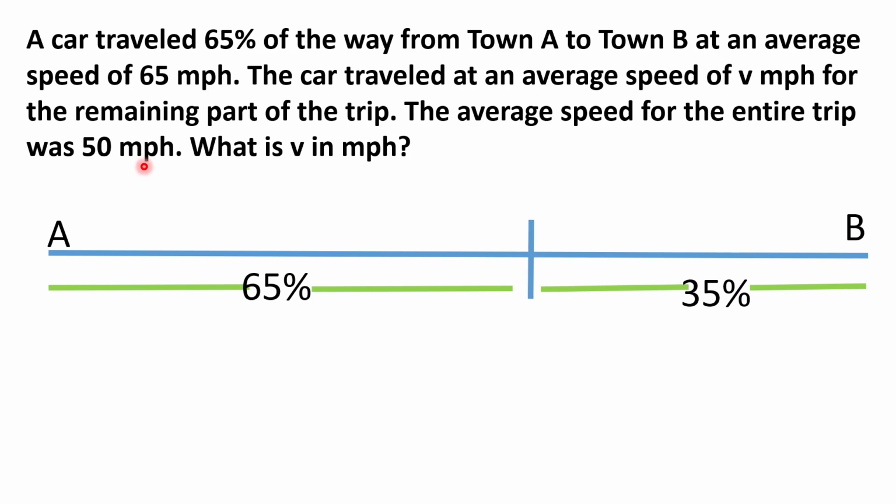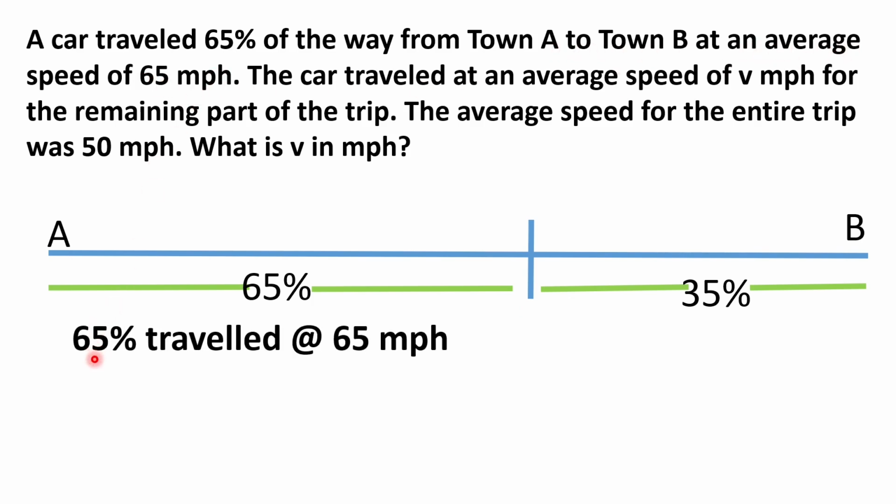A car travels 65% of the way from town A to town B at an average speed of 65 miles per hour. So 65% of the distance is traveled at the speed of 65 miles per hour, which means the remaining 35% is traveled at the speed of V miles per hour, which is given in the question.